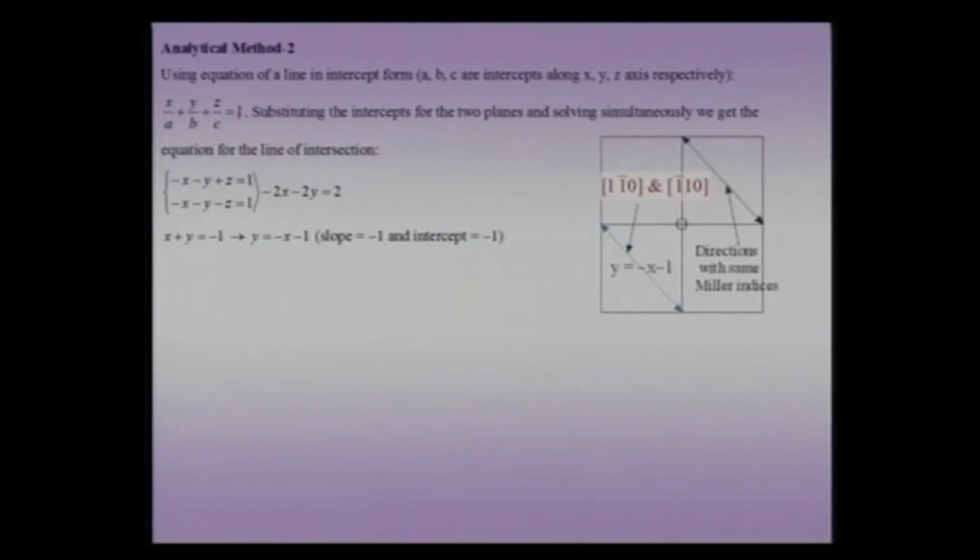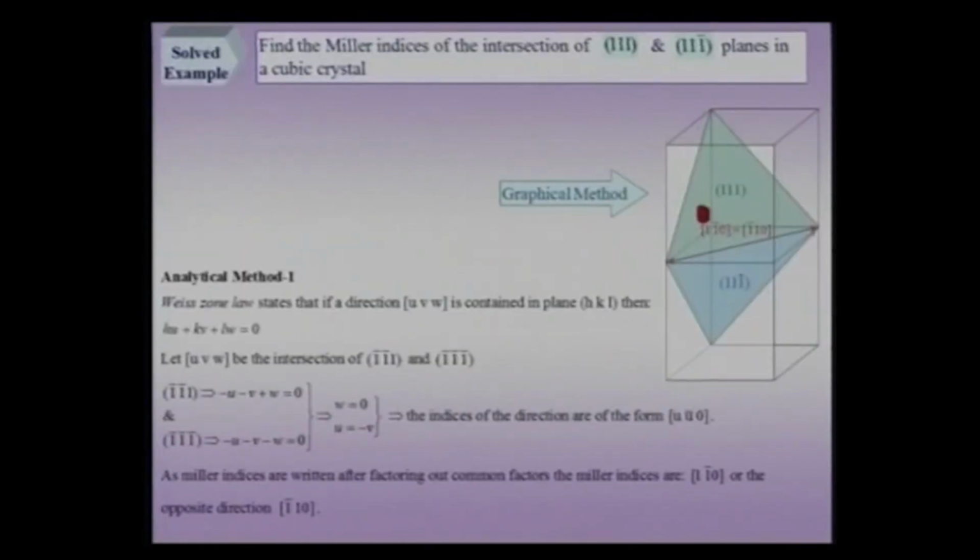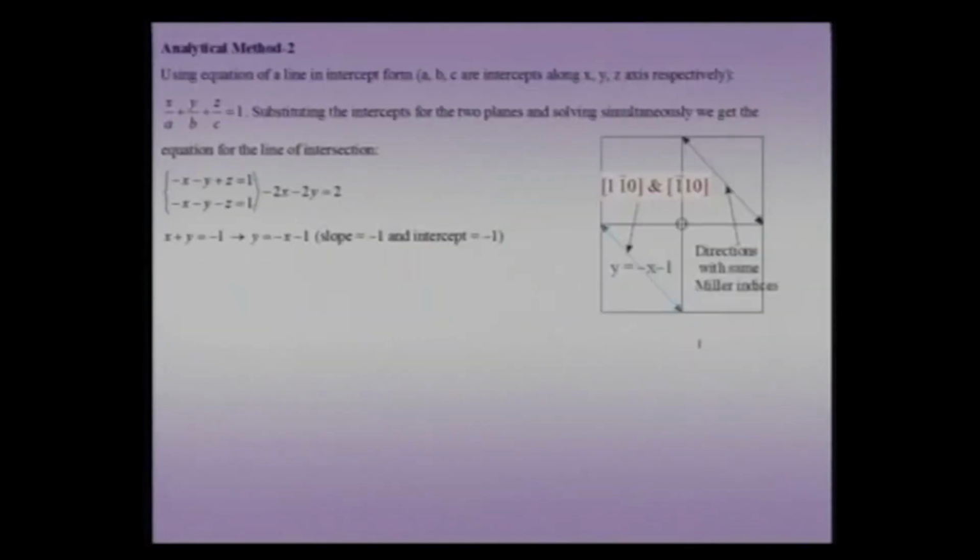Now I know that I have two planes under consideration, and I need to find the common direction. So let me substitute the intercepts of the two planes, which are 1 1 1 for this plane and 1 1 1 bar for this one. Putting the intercepts inside, I get two simultaneous equations.